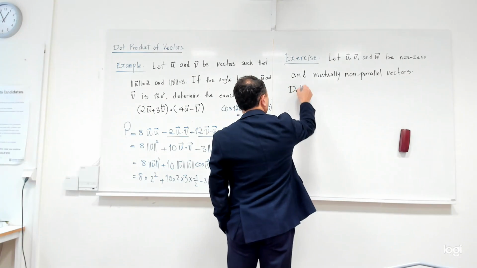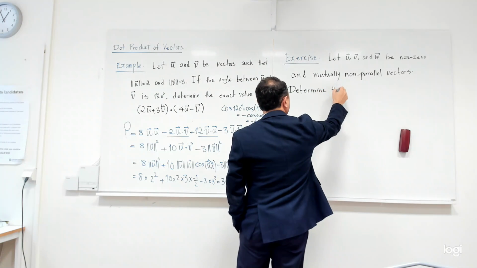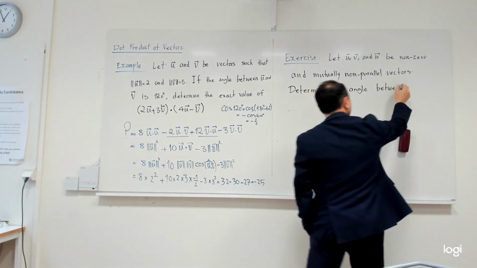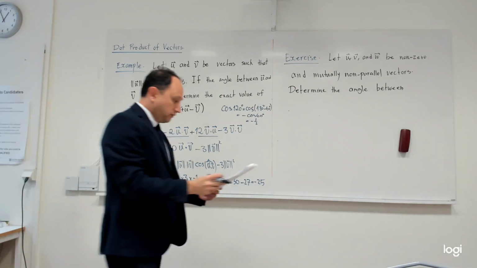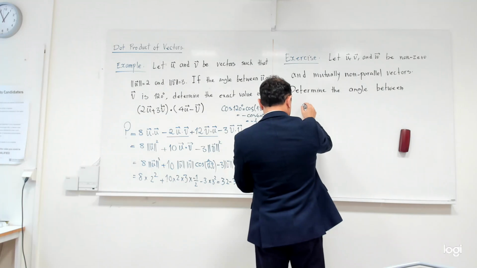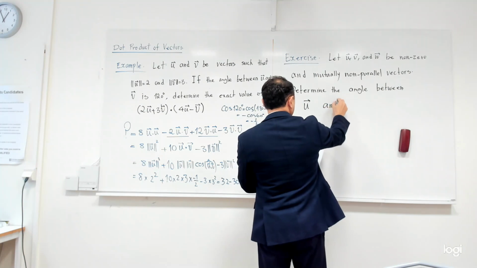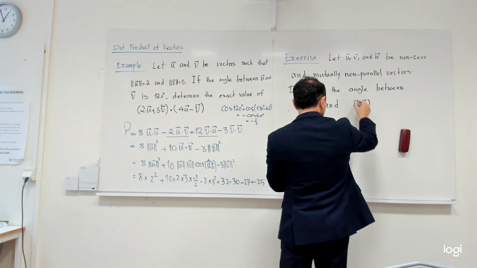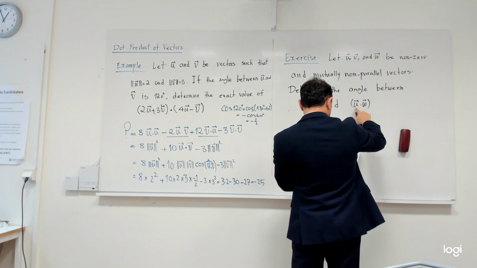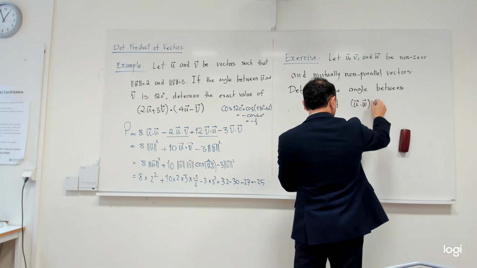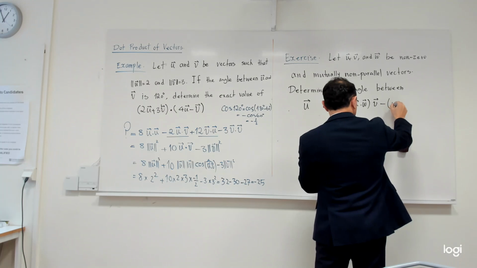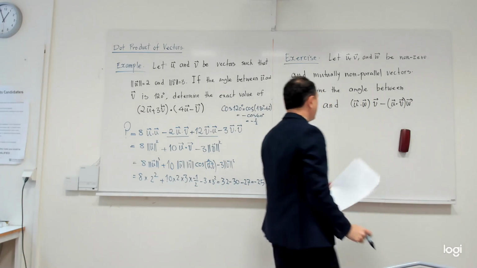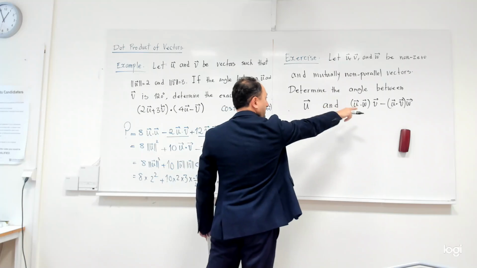Determine the angle between U and this a little bit weird combination of vectors: U dot W times V minus U dot V times W. Determine the angle between this vector and that vector.